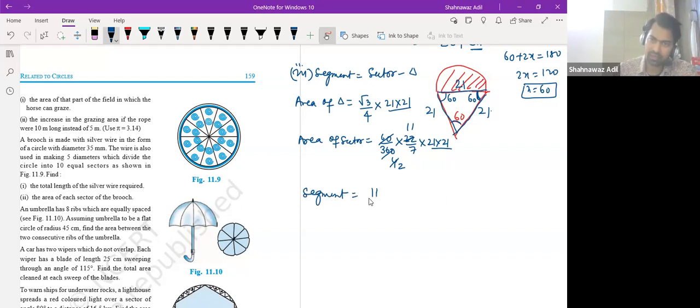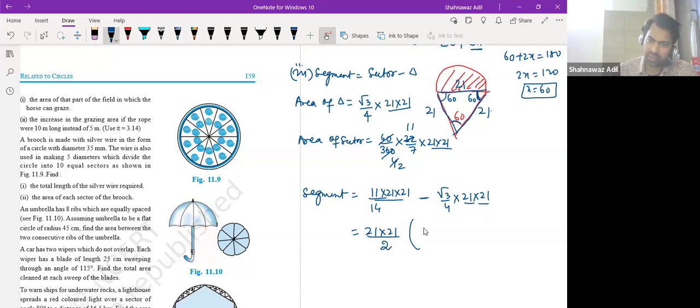So 11 by 14 into 21, 21 minus root 3 by 4 into 21, 21. So 21, 21 is common, and this 2 is also common.